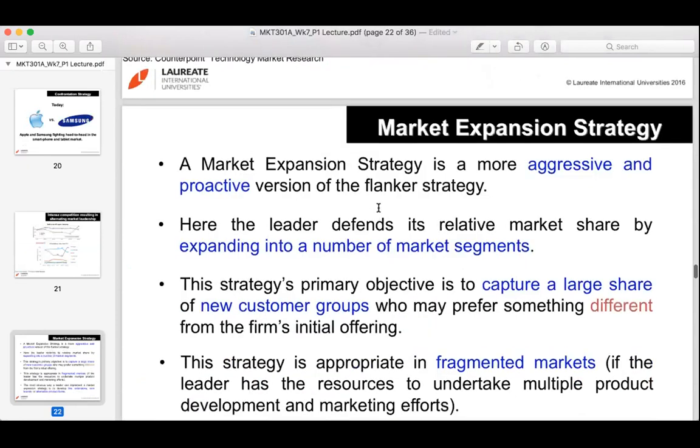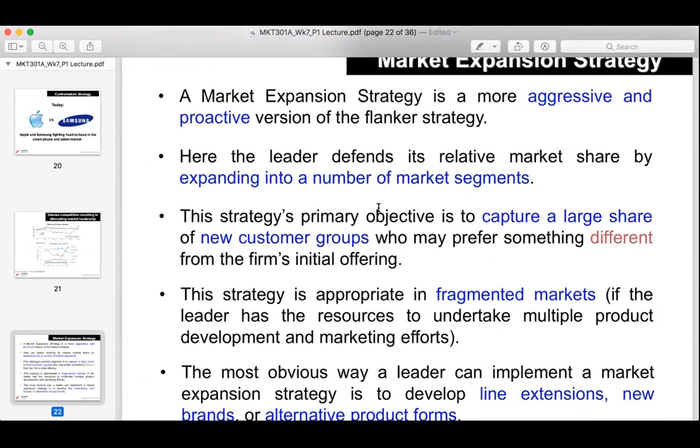The next one is market expansion strategy, which is basically a more aggressive and proactive version of the flanker strategy. Here, the market leader defends the market share by expanding to new market segments. As the market leader, they have the opportunity to do that because they have the resources, the assets to do so, and the customer base to help them expand into the new segments.